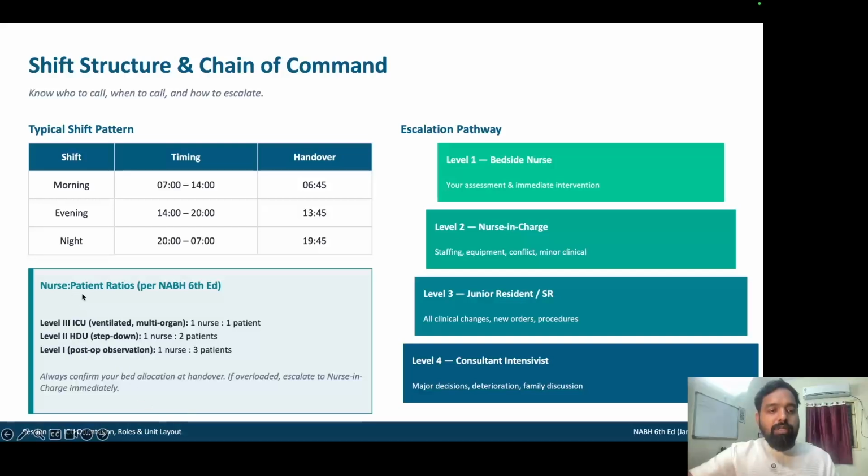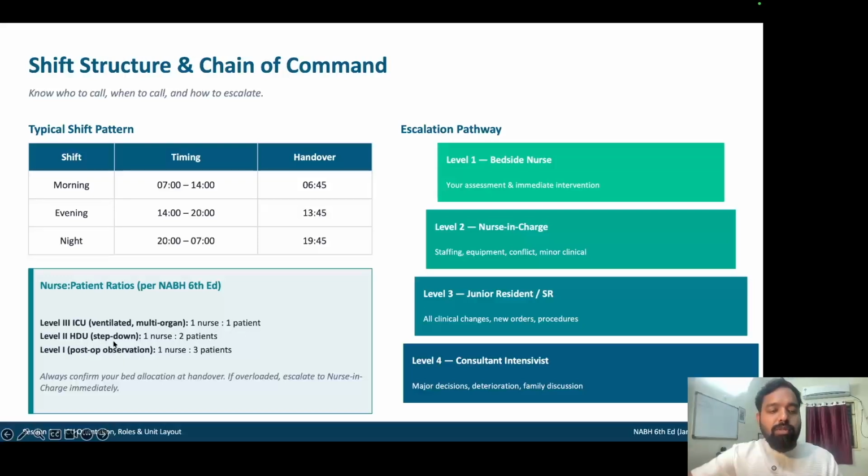Next, the patient ratios, the nurse-patient ratios as per the NABH. There are 3 levels of patient criticality based on their clinical status. Level 3 ICU patients include ventilated and multi-organ system failure patients, and demand a 1:1 ratio.